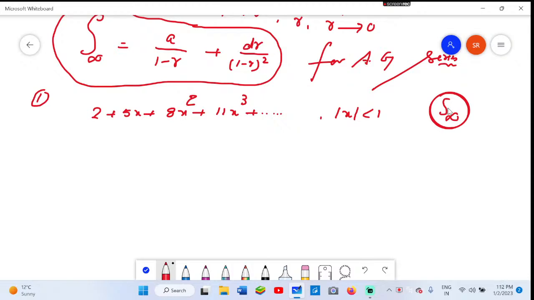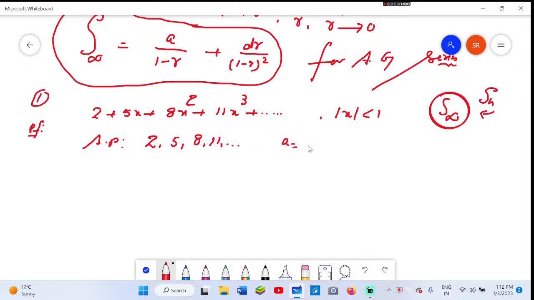Deduce S infinity means I need to find Sn. Then from there I need to calculate S infinity. Right? So solving such problems needs little common sense also. Means we need to decide which part forms AP and which part forms GP. So the given series is formed by multiplying the corresponding terms of AP and GP. See the AP part, 2, 5, 8, 11, isn't it?